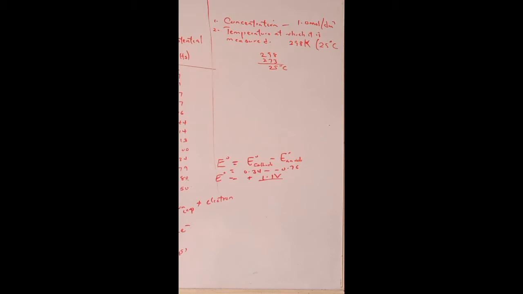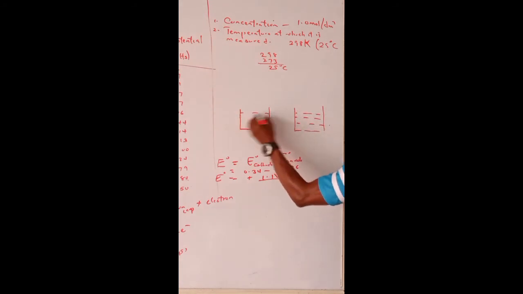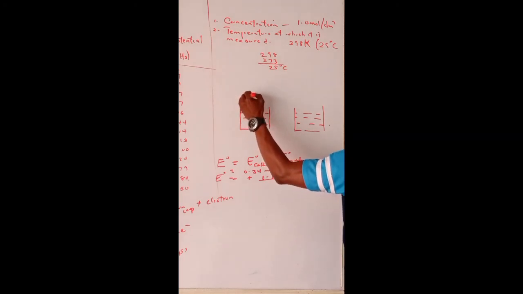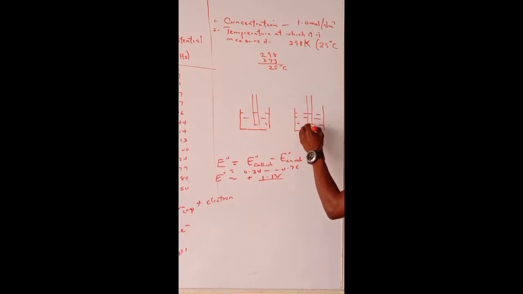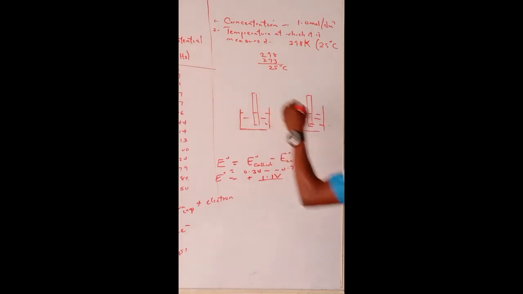You have something like this. If this is a cell, this is an electrolyte. You put a rod here, you put another rod here. This is zinc, the other one is copper. Now you connect them with what is called a salt bridge.